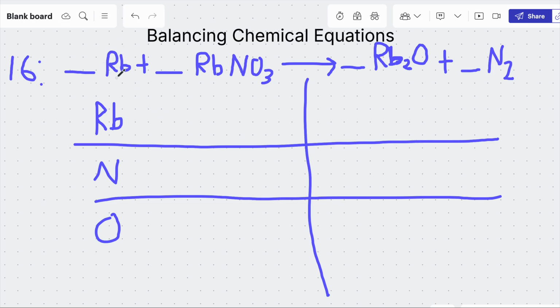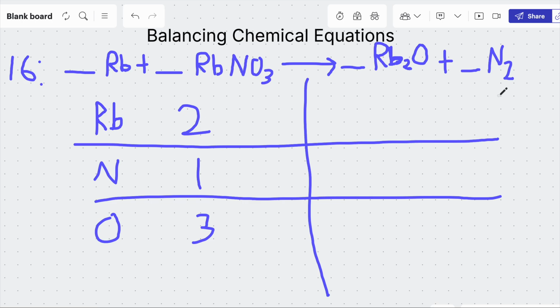Got 1 Rb here, got 1 Rb here. So that gives us 2 Rb's total. Our N's on this side, only right there. Remember, that'd be like N1O3. So we just got 1 N. O's only show up right there. We got O3. So 3 O's.